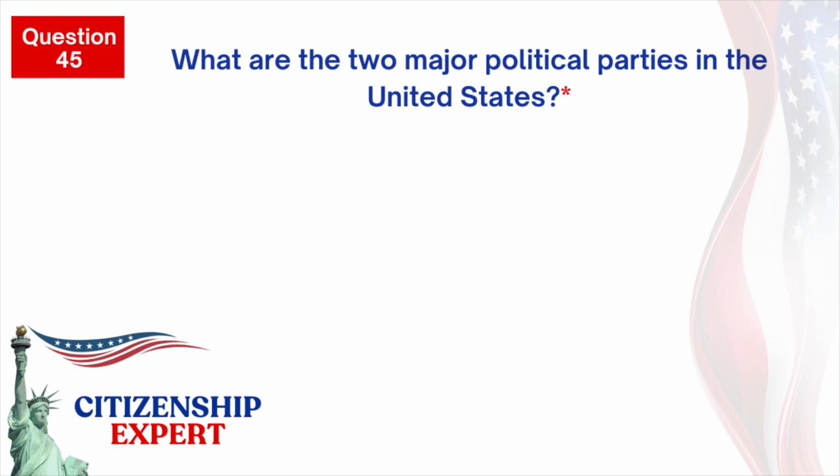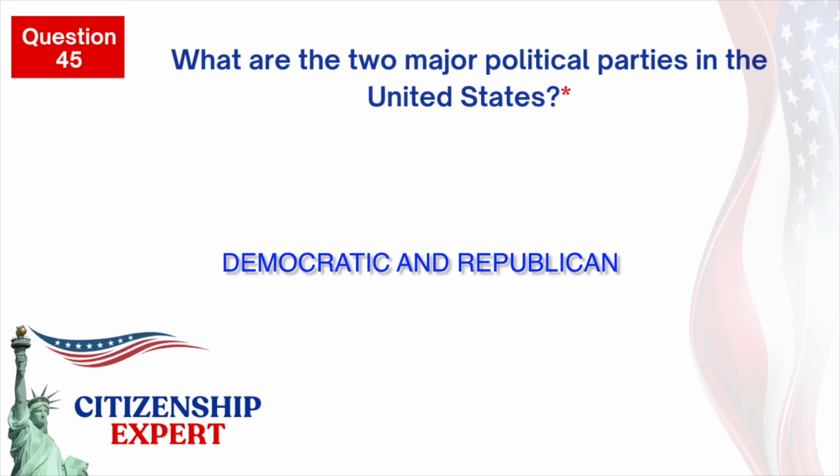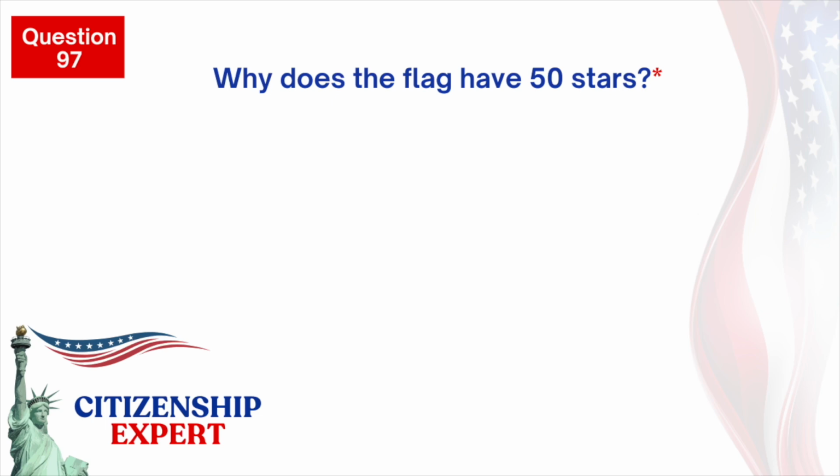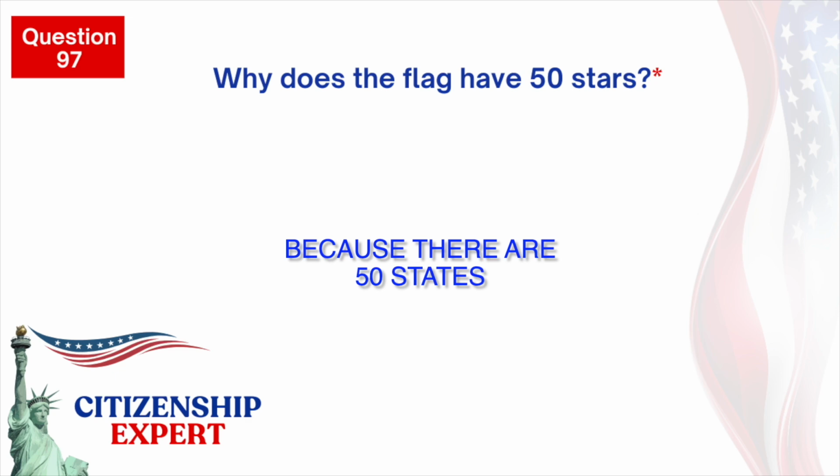What are the two major political parties in the United States? Democratic and Republican. Why does the flag have 50 stars? Because there are 50 states.